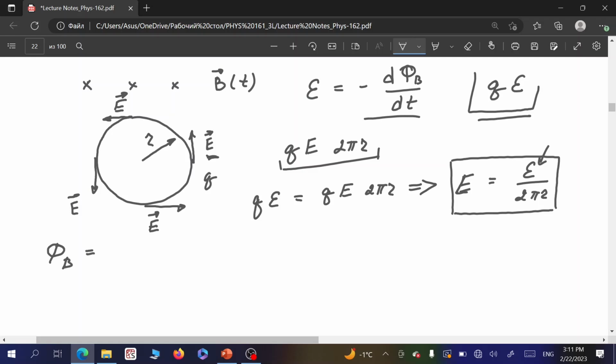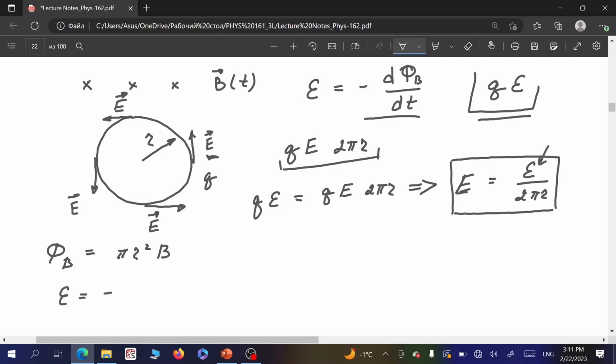Since the magnetic field vector is perpendicular to this circular loop, we can write that the flux will be equal to pi times r squared times B, just area times magnetic field. So now we need to get the expression for electromotive force.